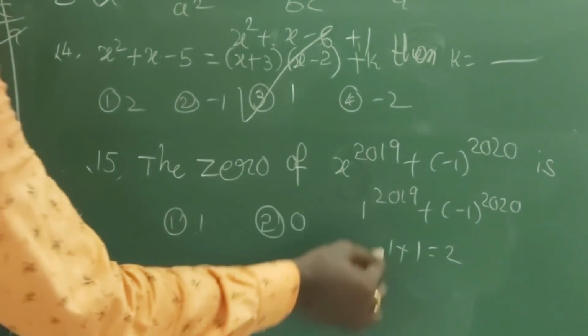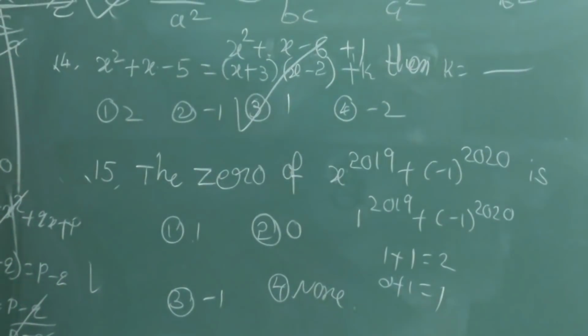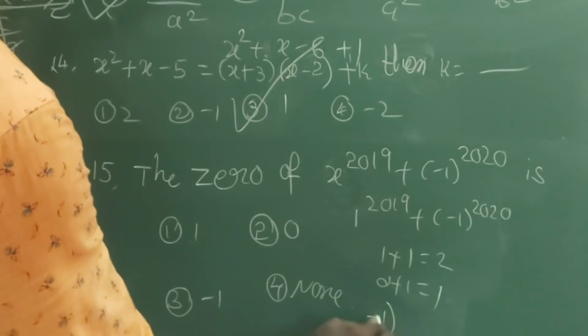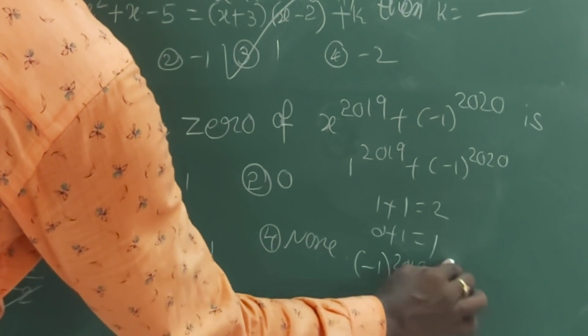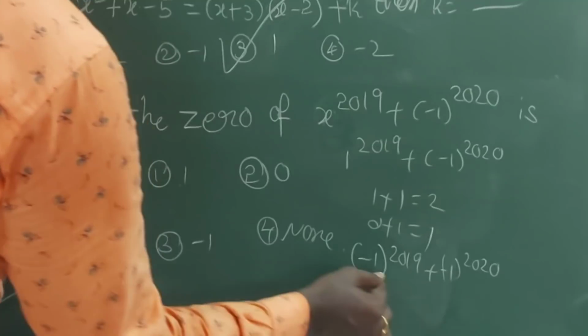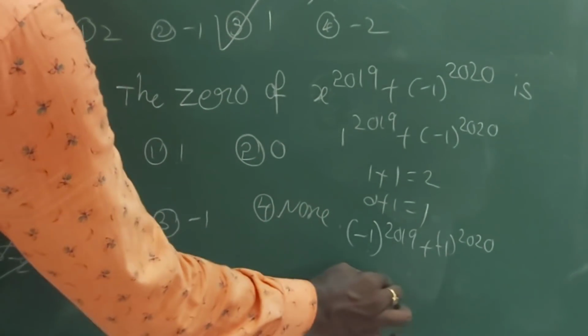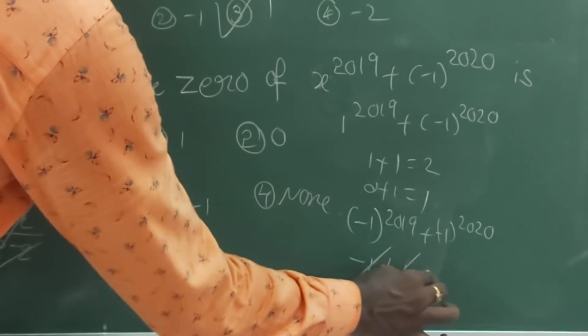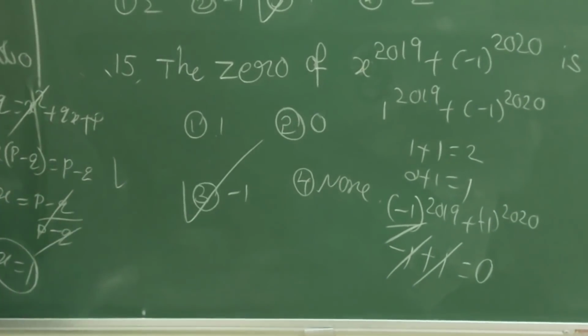Now substitute 0. 0 power anything is 0, plus 1, that is equal to 1, that is also not a solution. Now keep minus 1: minus 1 all to the power of 2019 plus 1 power minus 1 all to the power of 2020. So minus 1 to the power of an odd number is minus 1, minus 1 to the power of an even number is plus 1. So minus 1 plus 1 cancel. So we are getting 0 by substituting minus 1. So the answer is minus 1, that is the third option.